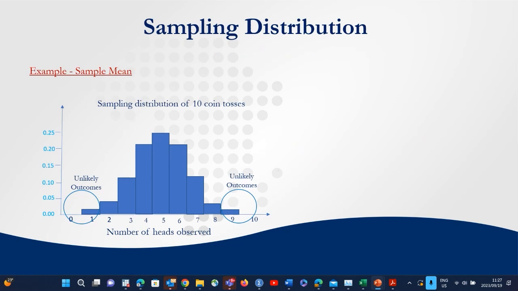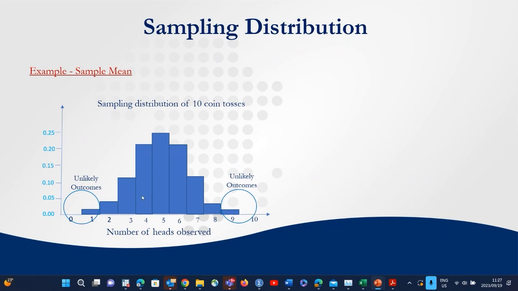That's why when we talk about the null hypothesis, if the null hypothesis is true, then you will find that most of the observations will be close to this, and the extremes will be thinner.